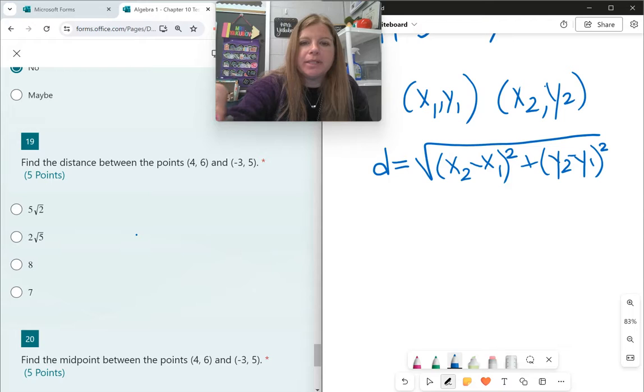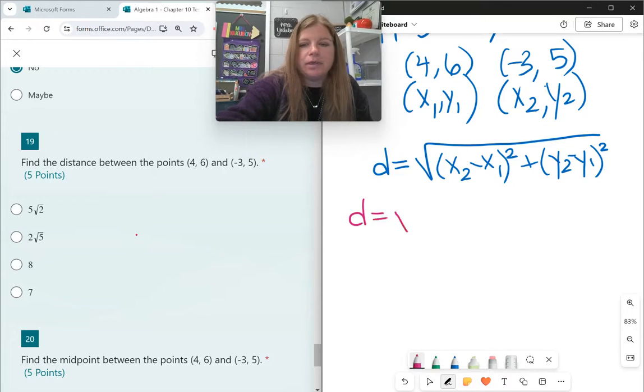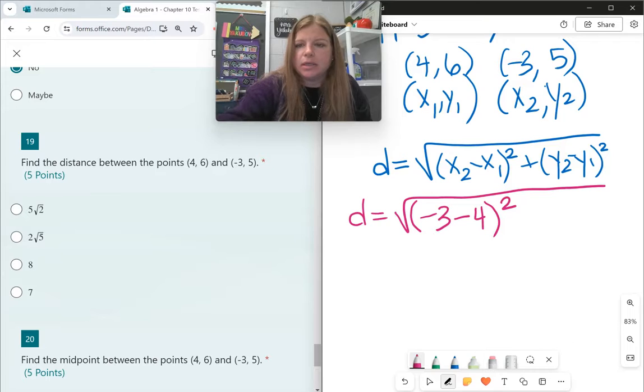Now, the ordered pairs that I have here are 4, 6, and negative 3, 5. And I just have to plug my numbers into this formula very carefully. So what's my x sub 2? My x sub 2 is negative 3. So negative 3 minus, my x sub 1 is 4, close parentheses, squared.